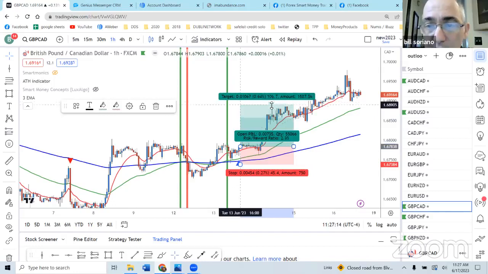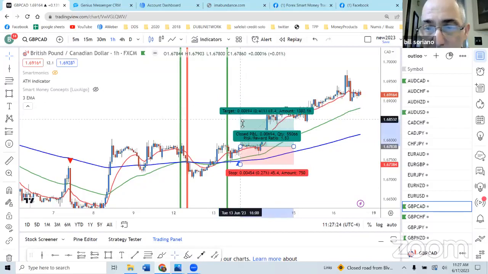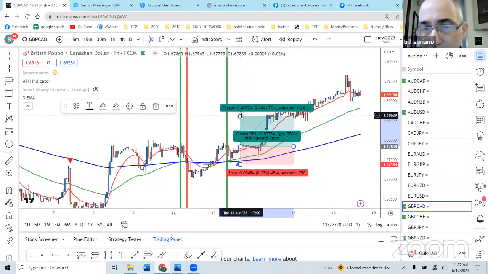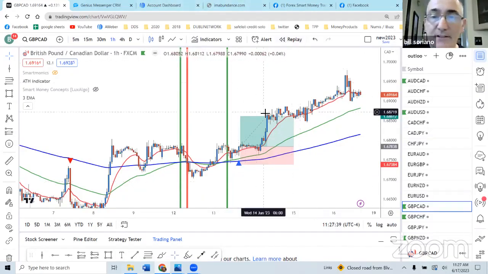Now you can also use the fractals to trail this, and if you did that, then you may have gotten stopped out somewhere around here on the second half of your position, at a 1-to-1.5. So in that case, it would have been better just to take everything off the table at 1-to-2, right? But it all matters how you want to do it.